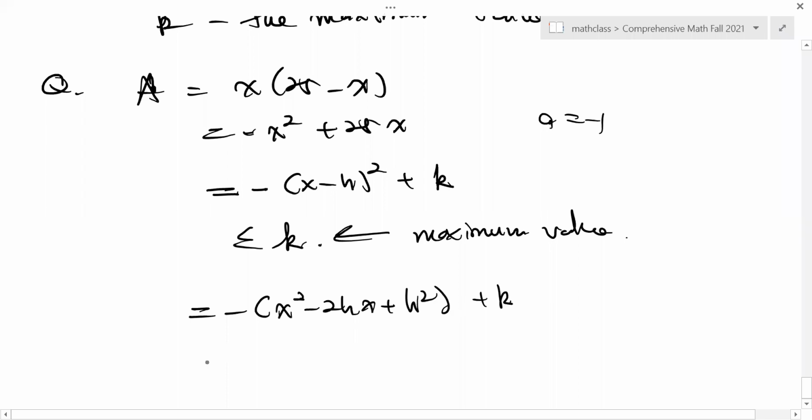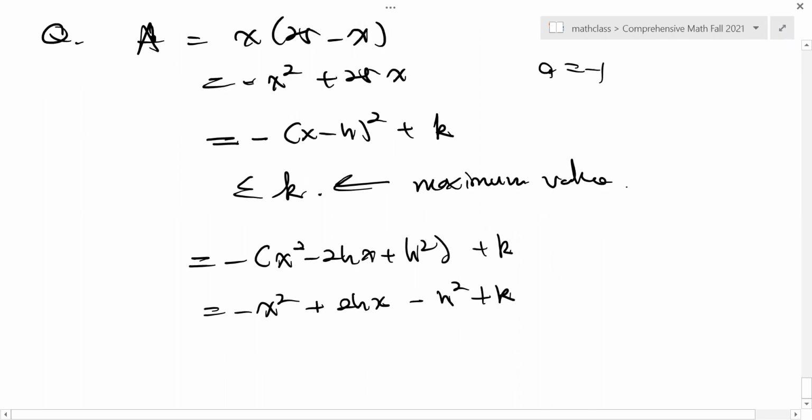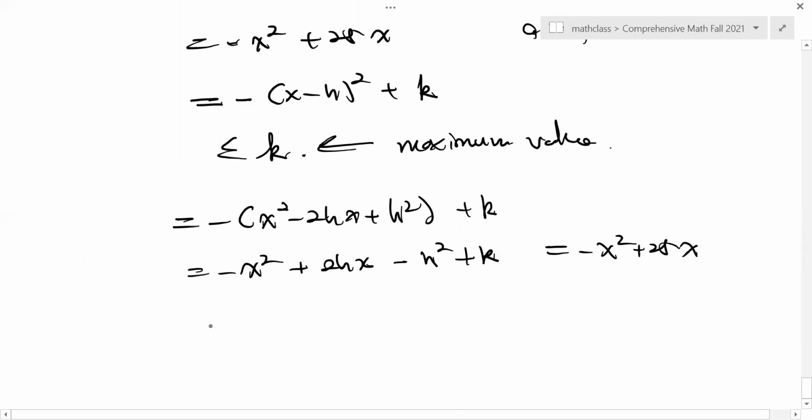So I'm going to get negative x squared plus 2hx minus h squared plus k. I want to compare with that. So the x squared term is okay. 2h equals 25. Negative h squared plus k equals 0, right?